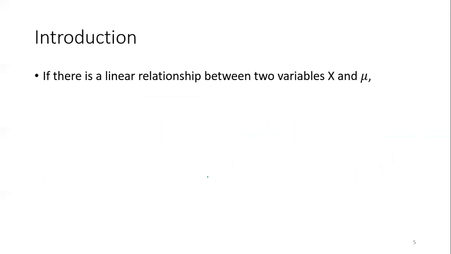In general, if there is a relationship between any two variables, x and mu, you can write it like this: mu is equal to some constant plus a slope, or coefficient, times x. So by defining two parameters, the two coefficients beta 0 and beta 1, you can write the linear relationship between them.